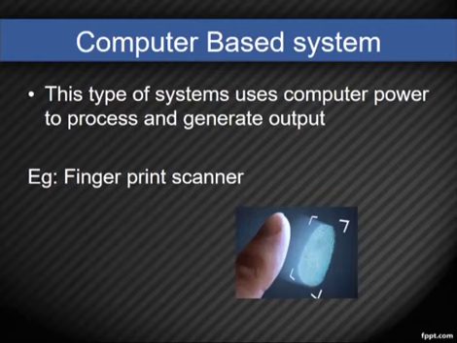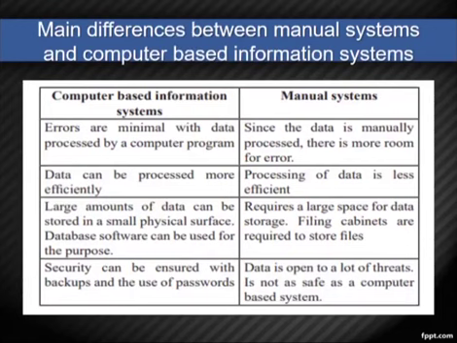A fingerprint scanner is also used to mark attendance, but unlike a manual system, this computer-based system takes the thumbprint as input, processes it, and marks the attendance of the employees or students. That is a computer-based system. All things are done by computer power.